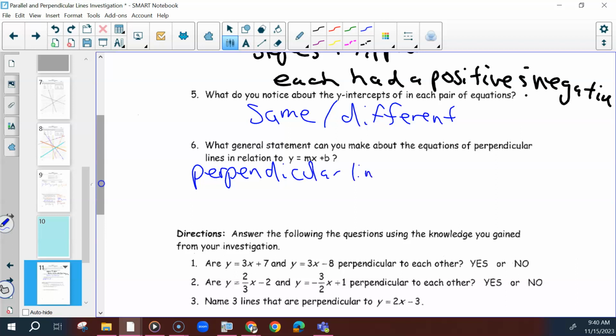Perpendicular lines have flipped slopes where one is positive and one is negative.